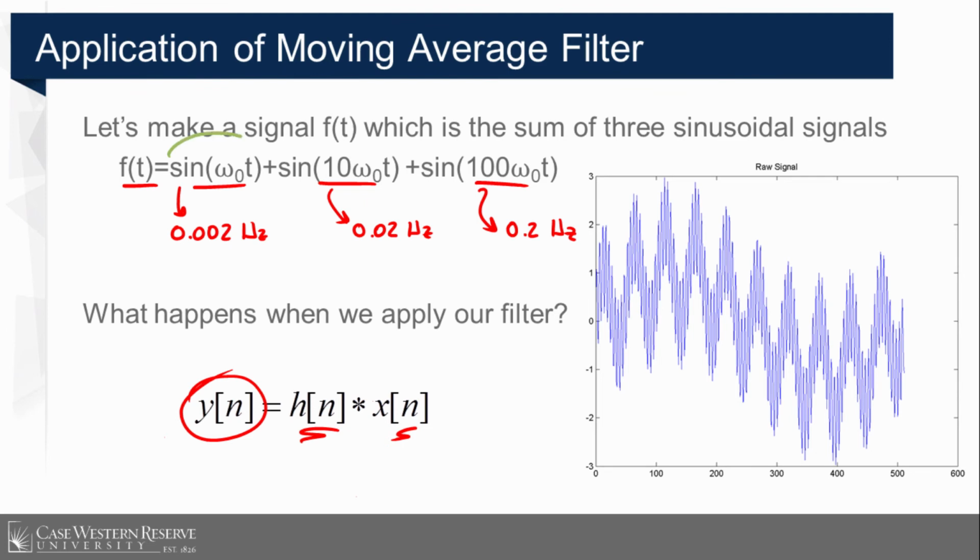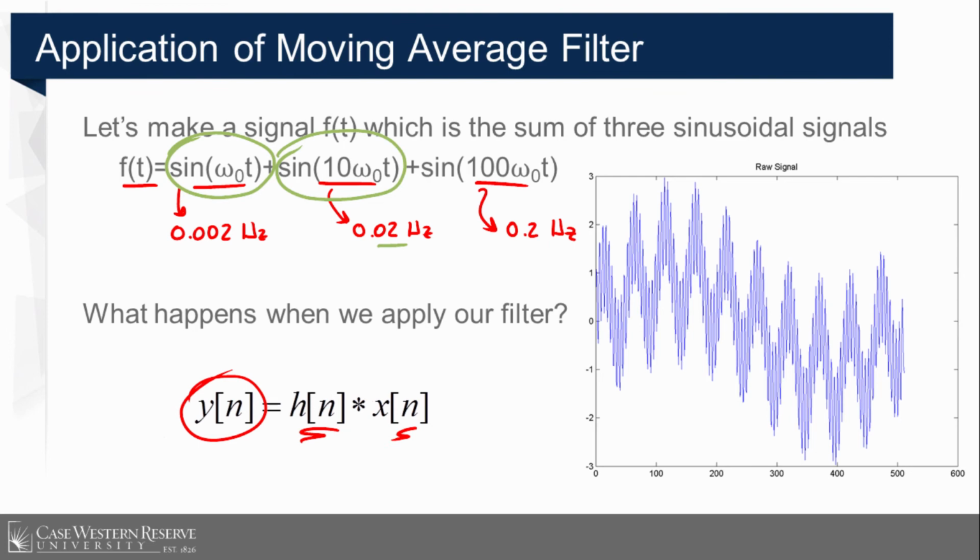So this portion of our signal should pass through just fine. We should have a gain of about 1. These moderate frequency signals should also pass through pretty reasonably, right? So 0.02 hertz, that's close to 0. So we may have a little bit of attenuation for this component, but this guy should pass through as well.